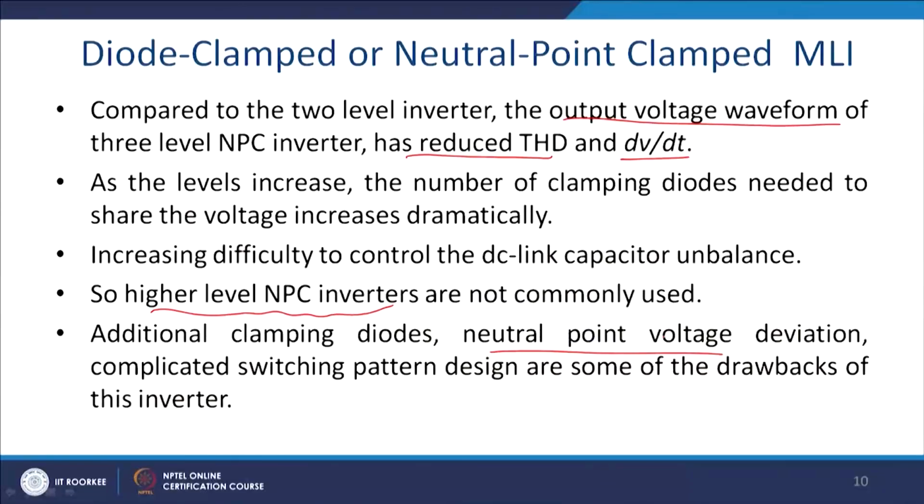And moreover, the additional clamping diodes and the neutral point voltage deviation make the design and analysis complicated, and this is also one of the disadvantages of the diode clamp multi-level inverter.